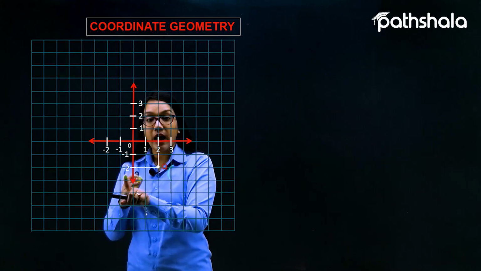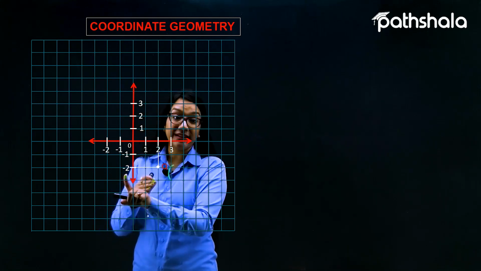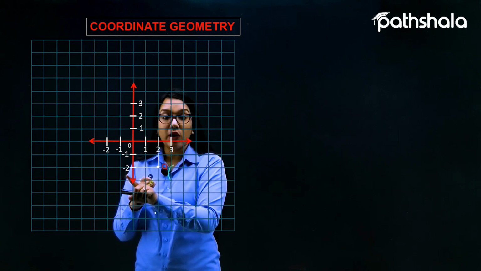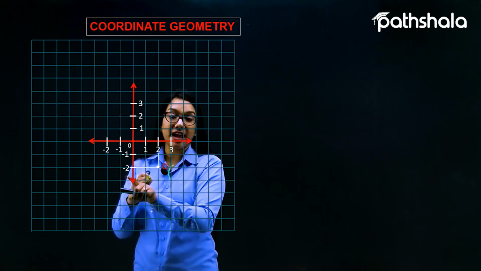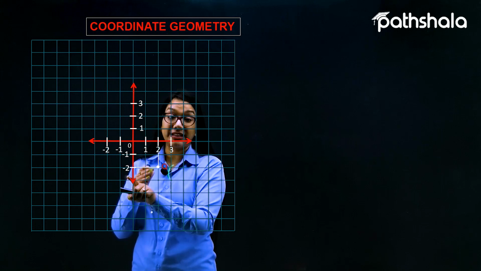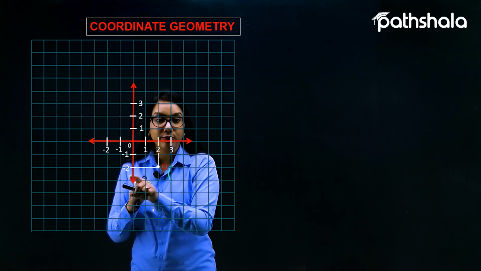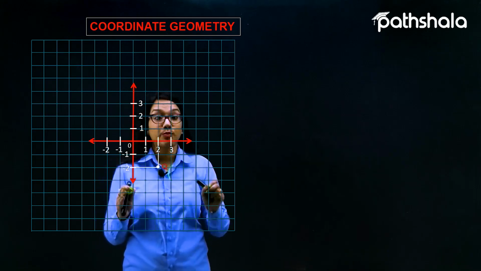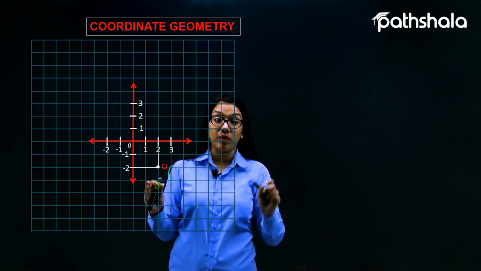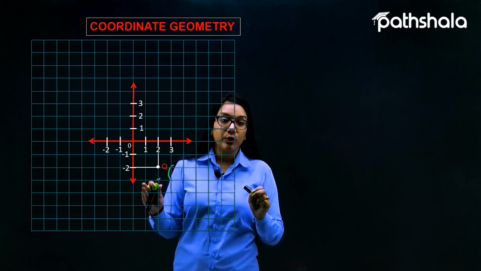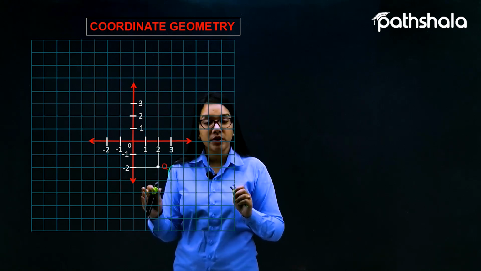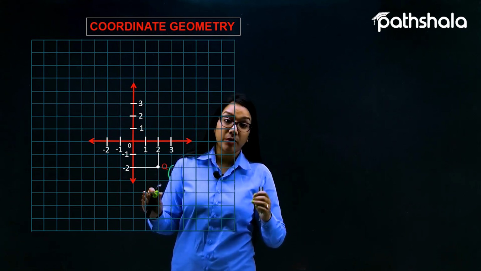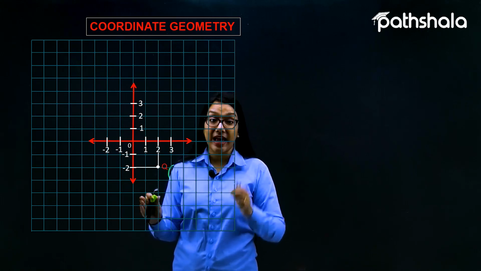Now we have to take the point as it is, because the sign over here is negative. So we have to take this point in the similar manner. Always remember, whenever we have negative numbers or positive numbers, we have to take that sign as it is.